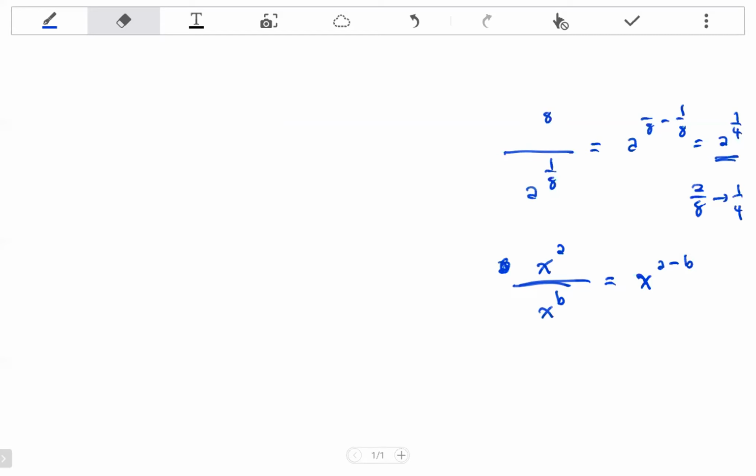And one other property that I think is important, hopefully you guys know this. What if it's like this? Does anyone know what to do? So we have a base here, an exponent here, and we're multiplying another exponent onto it. Not another term, but another exponent.